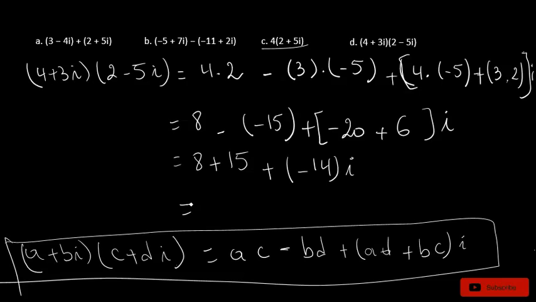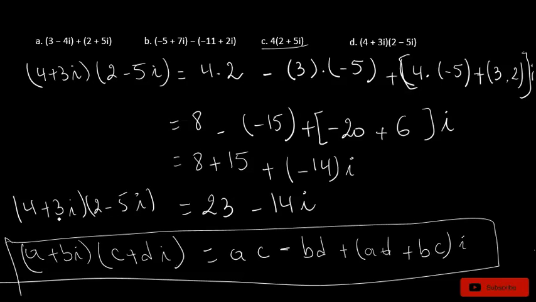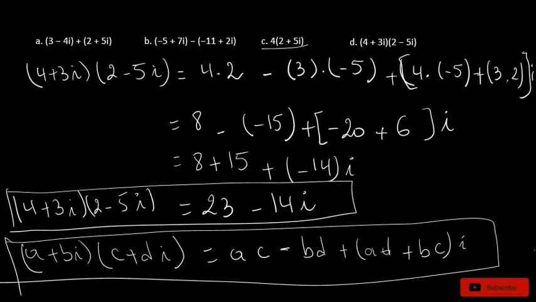So 8 plus 15 gives me 23, minus 14i. This is the final result for this operation. If you don't want to use this formula directly to do this multiplication, you could do the FOIL method and you're going to end up with the same result.